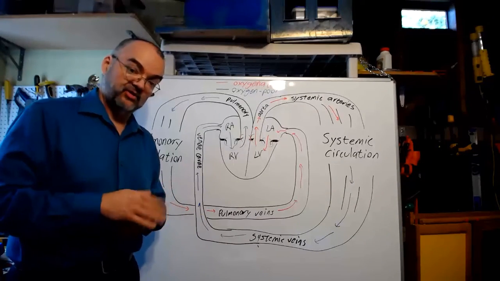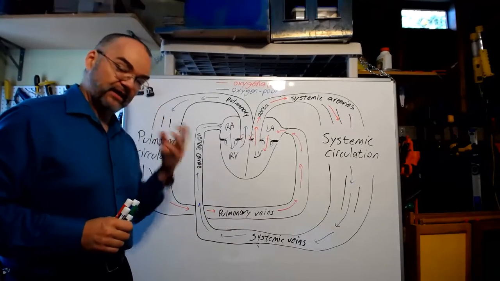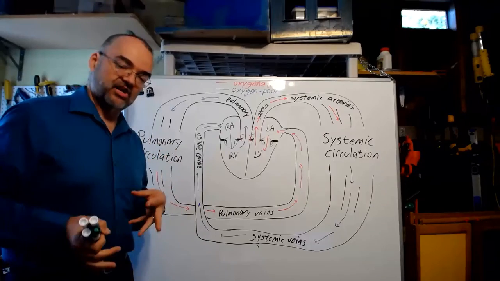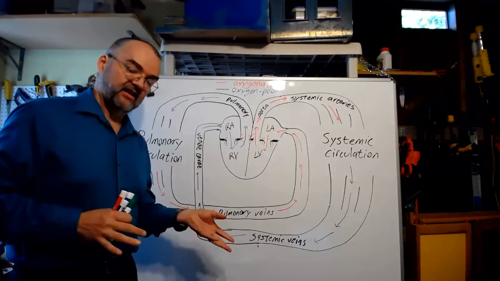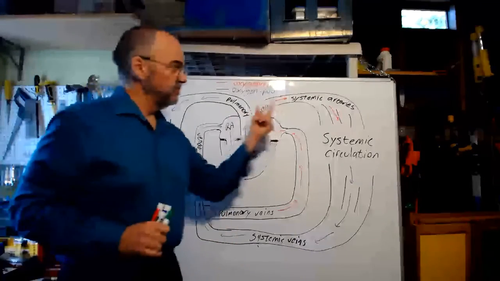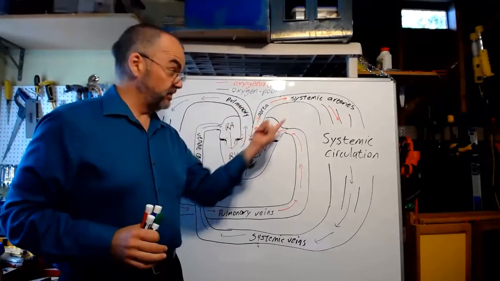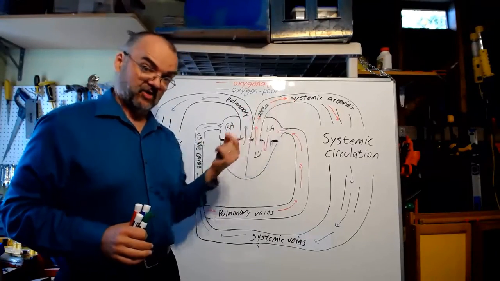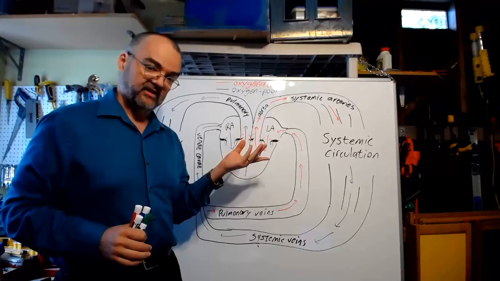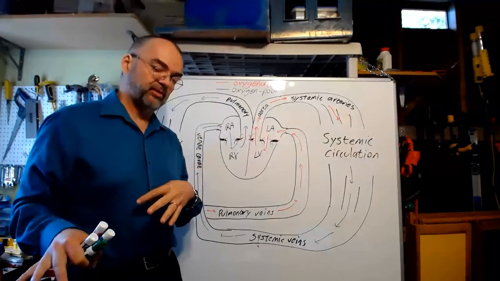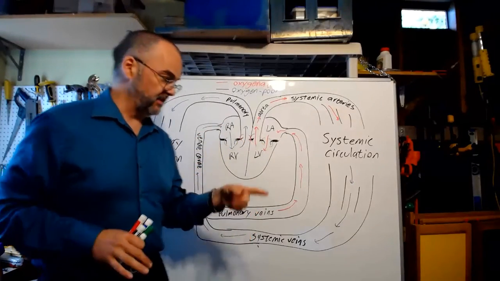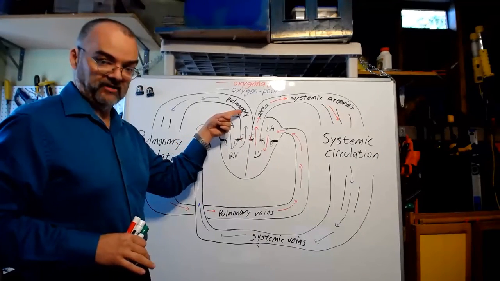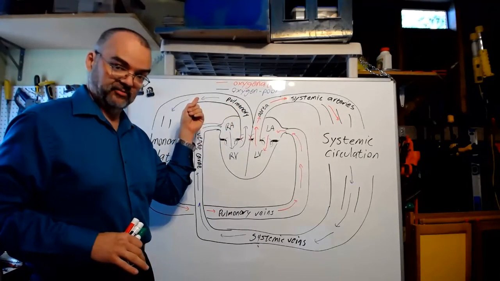One other piece of useful information you can get from this. When people say oxygenated blood, they think arterial blood. They think that because most of the time when we think of arteries, we're thinking of systemic arteries, and systemic arteries do carry well-oxygenated blood. But actually, arterial blood and oxygenated blood are not the same thing. Take a look here. The pulmonary arteries carry poorly oxygenated blood.